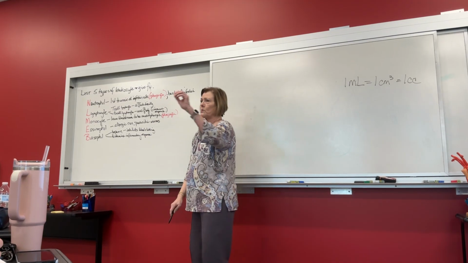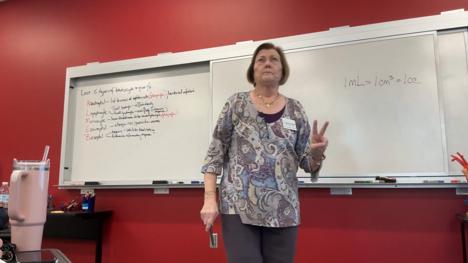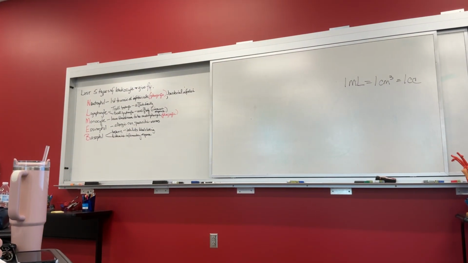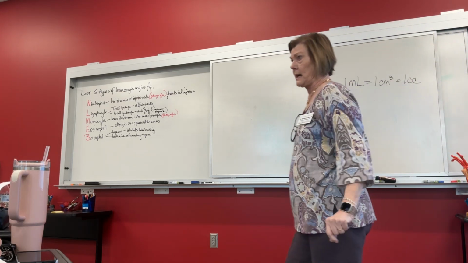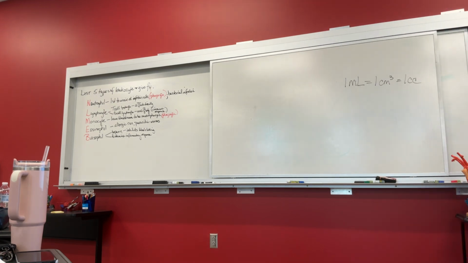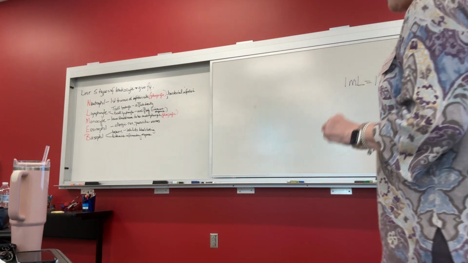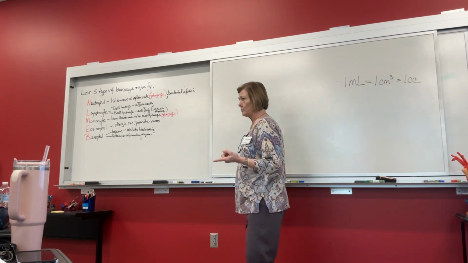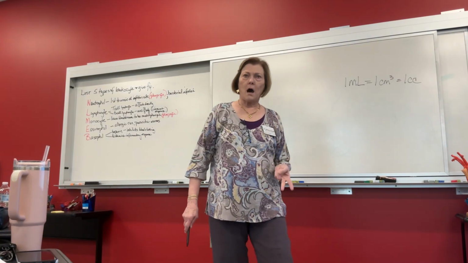There are 2 of these 5 leukocytes that are very strong phagocytes, neutrophils and monocytes. That is an exam question, and you need to know that. There are two types of leukocytes that are very strong phagocytes. That would be neutrophils and monocytes.